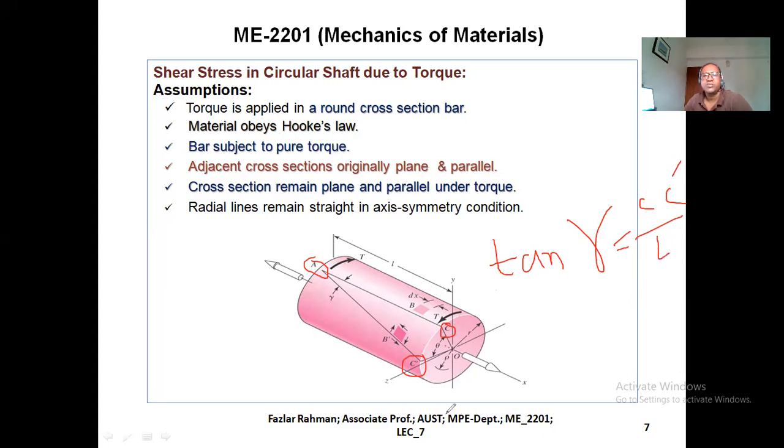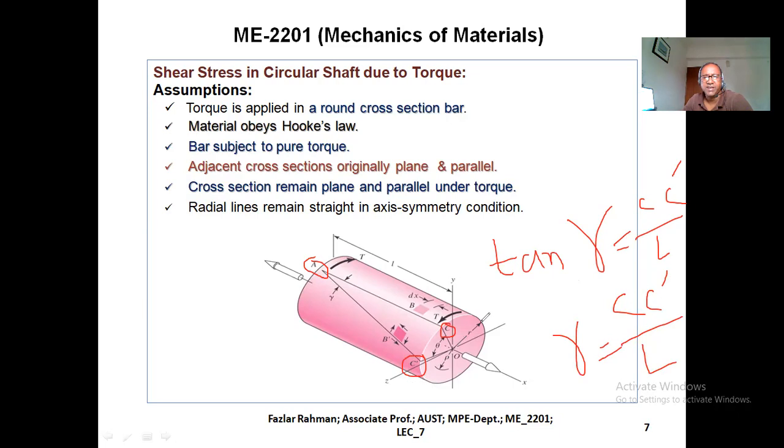This gamma value will be very small. If gamma is very small, then tan gamma equals gamma, so we can say gamma equals CC prime divided by L. Now I would like to figure out this CC prime.